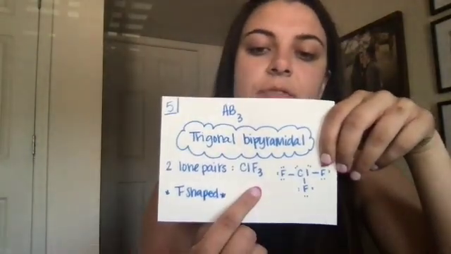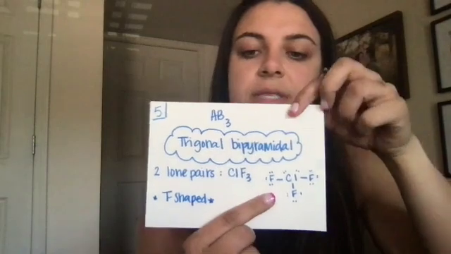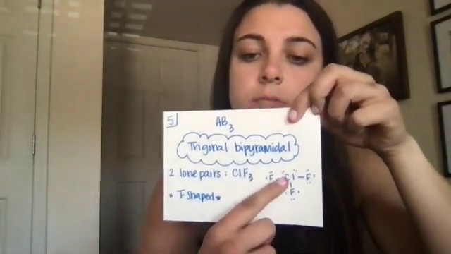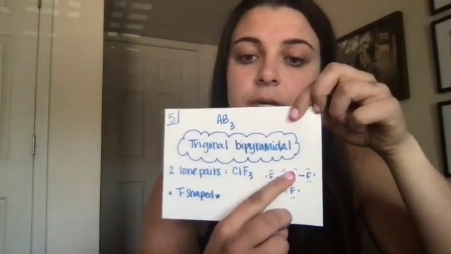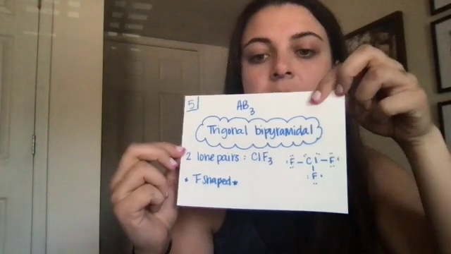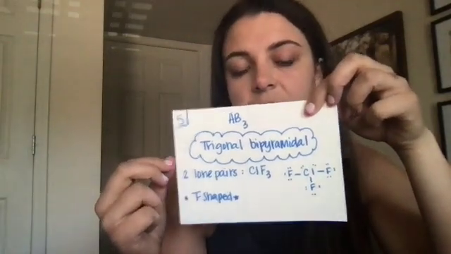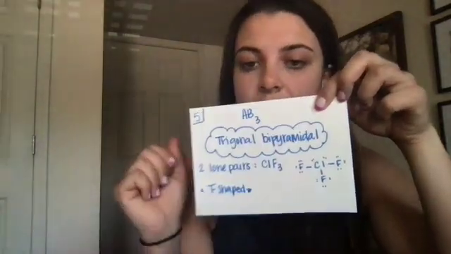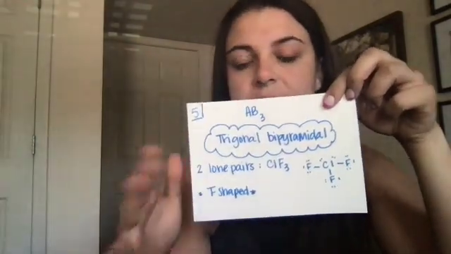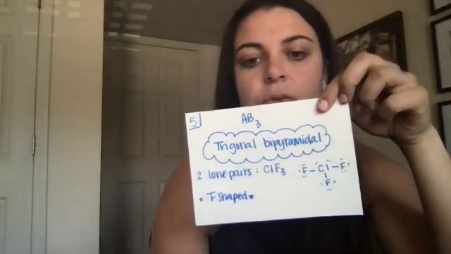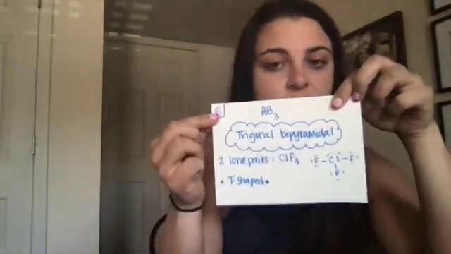It's going to be ClF3, and as you can see in this Lewis structure, we have Cl, 1, 2, 3, 4, and 5 electron domains still, but this one's going to be T-shaped, and that's because you have the 2 lone pairs on top of that center atom.